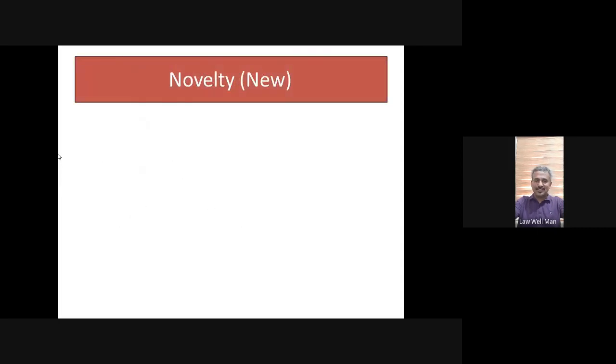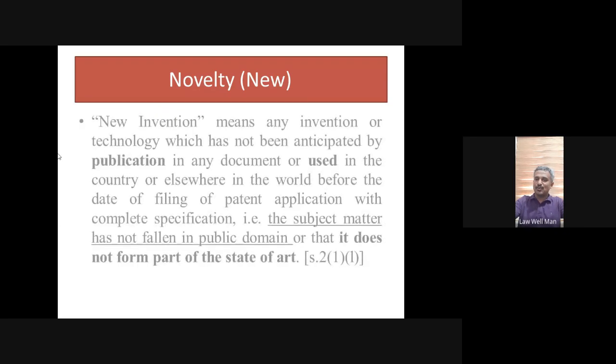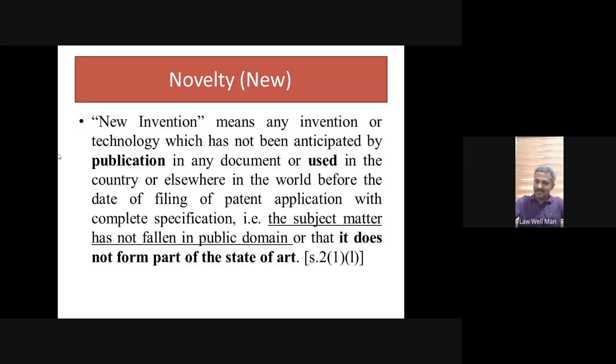Now, moving on with this, we discussed the requirement of novelty, which says that it should not be prior published, should not be prior used, or should not be prior known anywhere in the world.